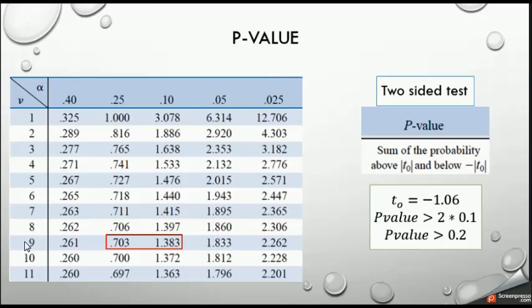We have 9 degrees of freedom. So we look for which values 1.06 lies between. So 1.06 lies between 0.703 and 1.383. So the value of t0 lies in between here.